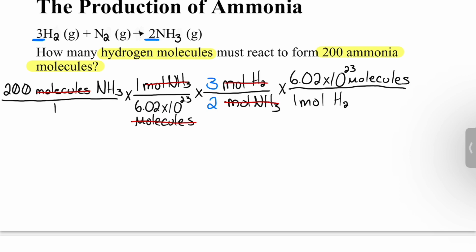And moles of hydrogen cancel, and I'm left with just molecules of hydrogen. So now we just do the math and get our final answer. And it's going to come out to 300 molecules of hydrogen.